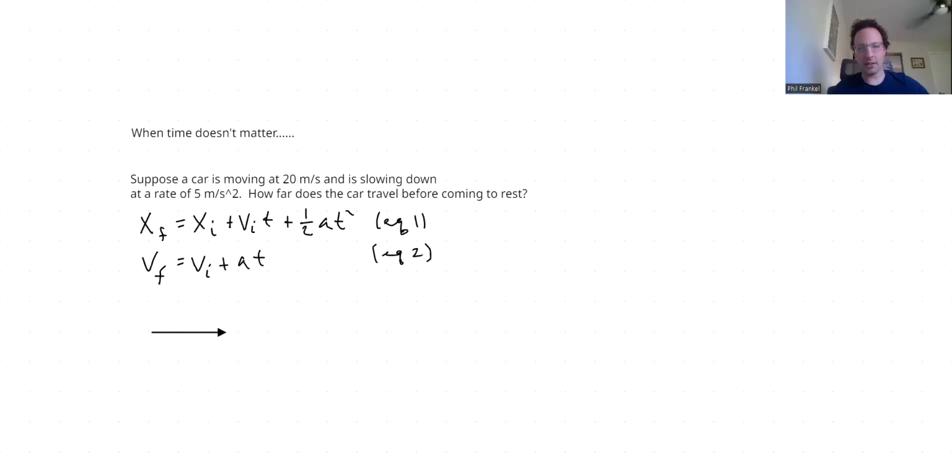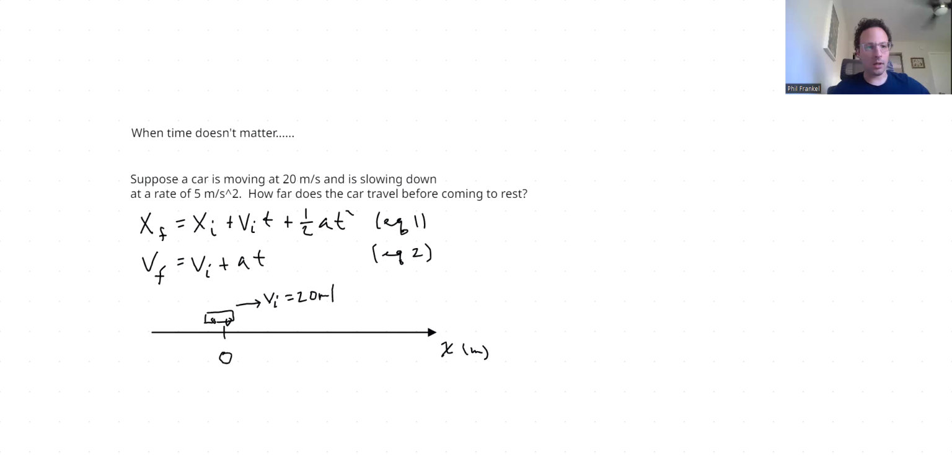Here's my x-axis, graduated in units of meters. Let's have our car start at x equals 0, with an initial velocity in the positive direction of 20 meters per second.